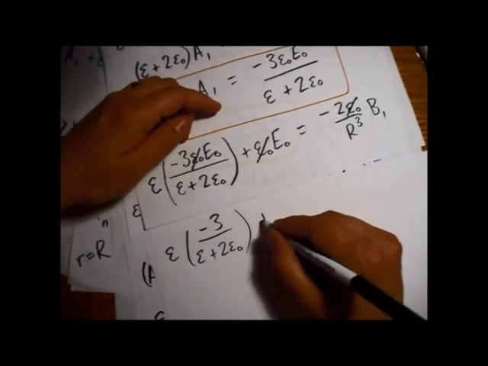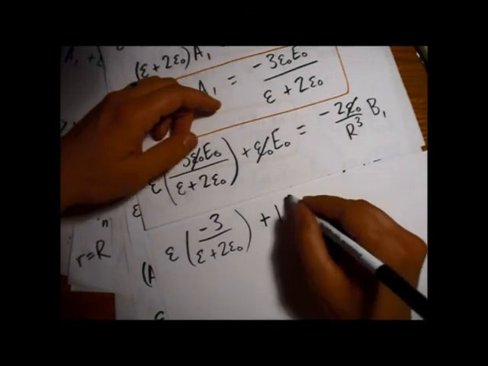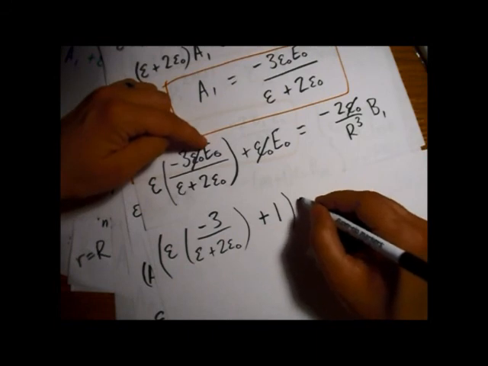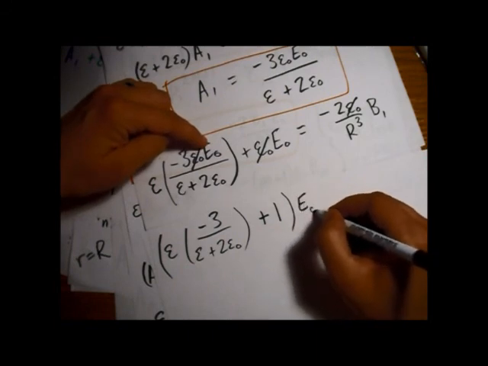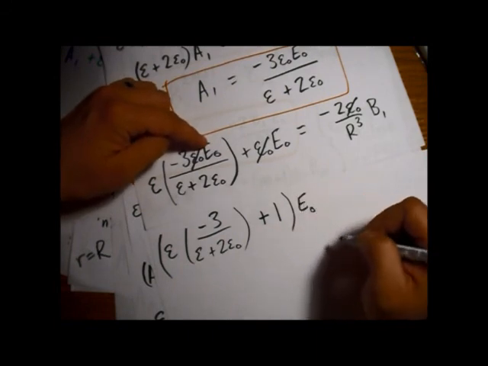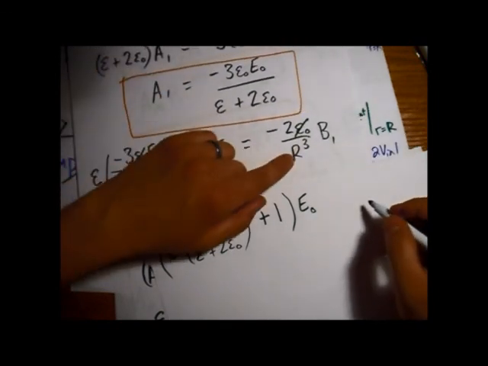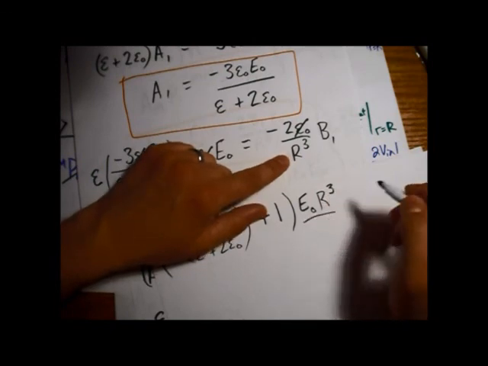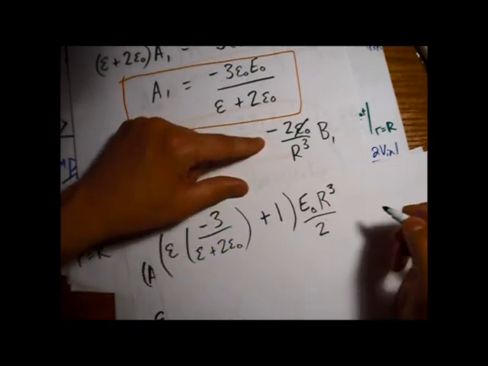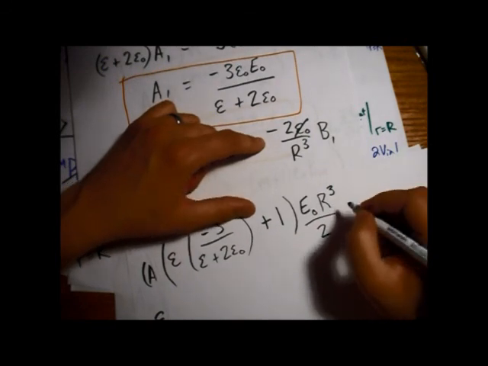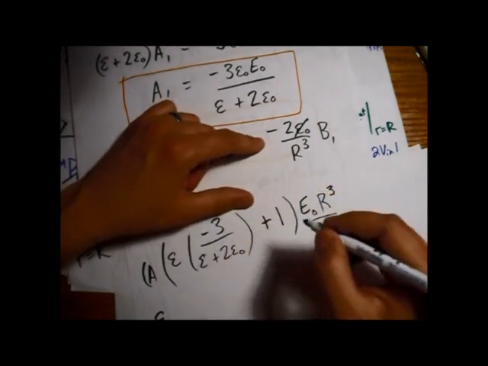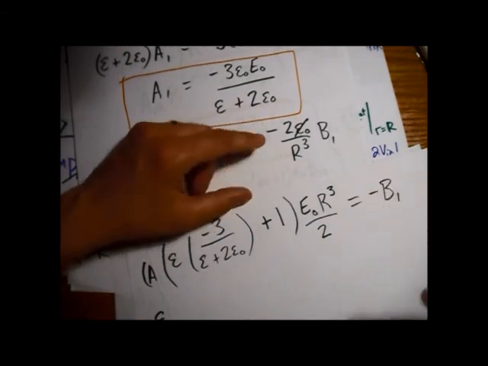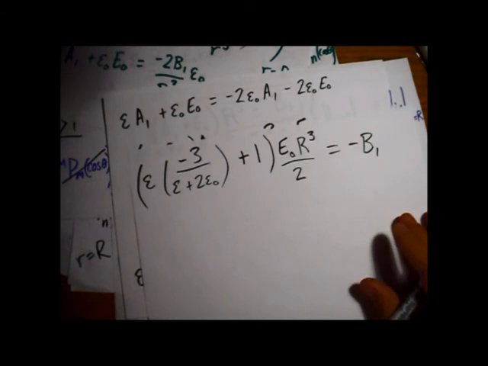Well, we can just do a plus 1 here, can't we? And factor out this big E naught. Okay? And then we're going to multiply both sides by an R cubed and divide by 2. And there is a minus sign. Well, I'll just keep that for now. Minus b1, okay? All right, can we make this pretty at all?